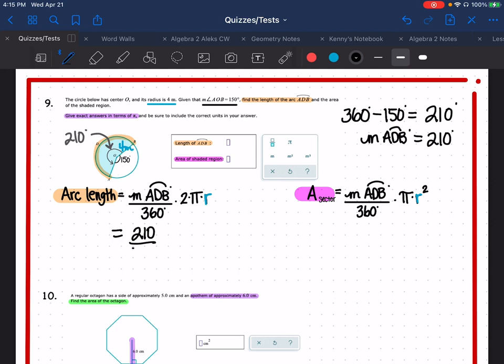All right, so here we go. 210 divided by 360 times 2 times pi times my radius of 4. Notice that it does say right here to give exact answers in terms of pi. That means that my answer has to have a fraction and it has to have the pi symbol. What's going in my calculator? The fraction times 2 times 4. I get for an answer.